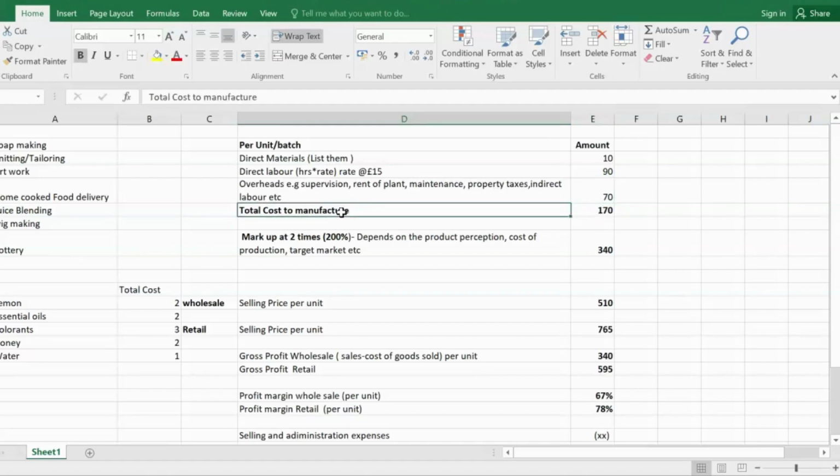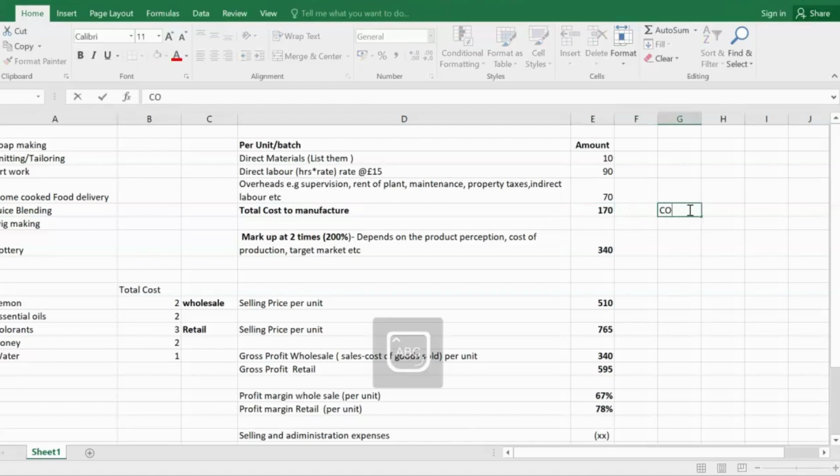And so the total cost to produce will be 170. But remember, this is not the cost of goods sold. Cost of goods sold has another formula, but we are going to assume this is the cost that has been put into place to make this good into a finished good.